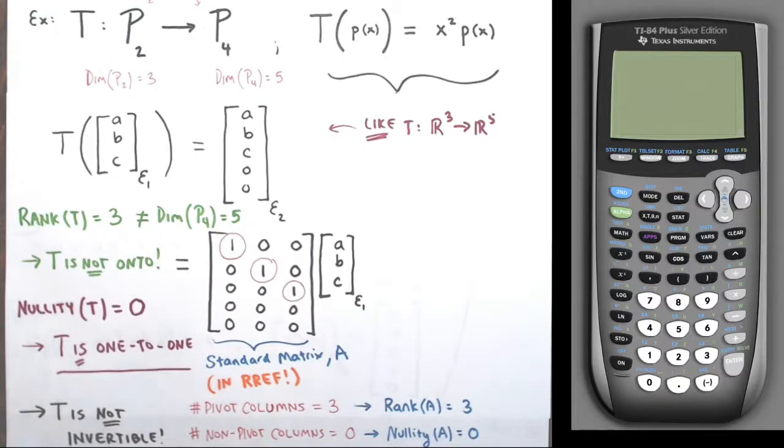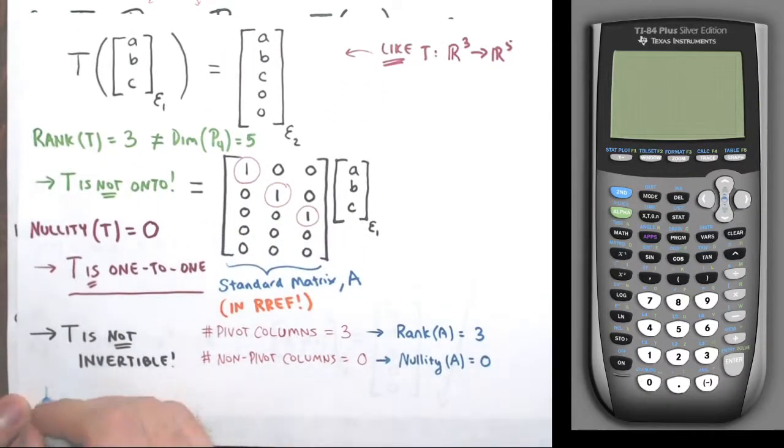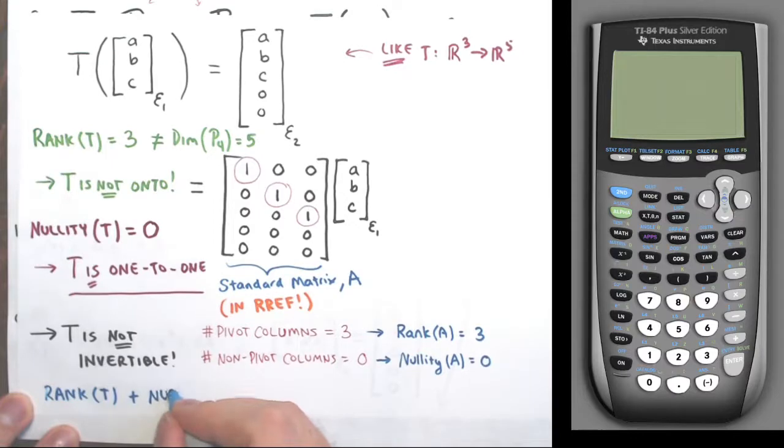Oh yeah, and look, the rank plus nullity. I forgot about the rank plus nullity. If you take the rank of the transformation, add the nullity of the transformation, you're going to get the dimension of the domain. And the domain was that P2.